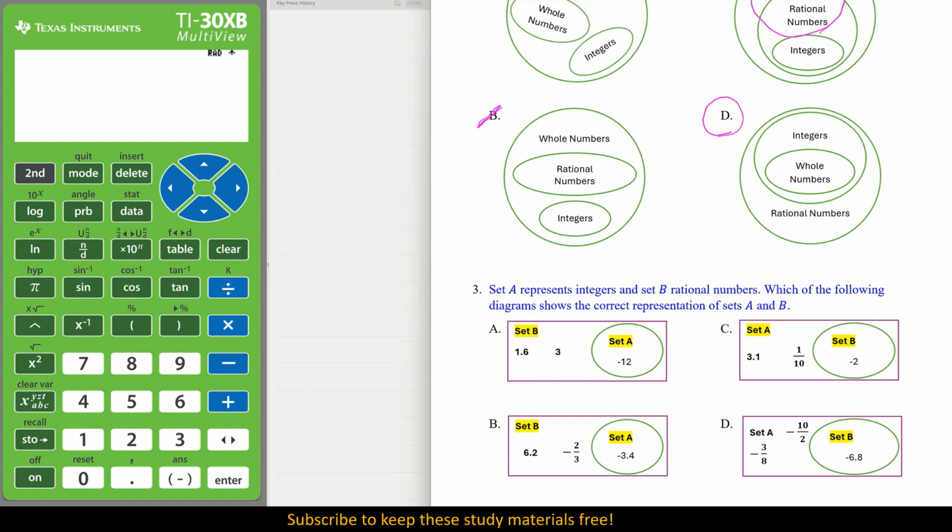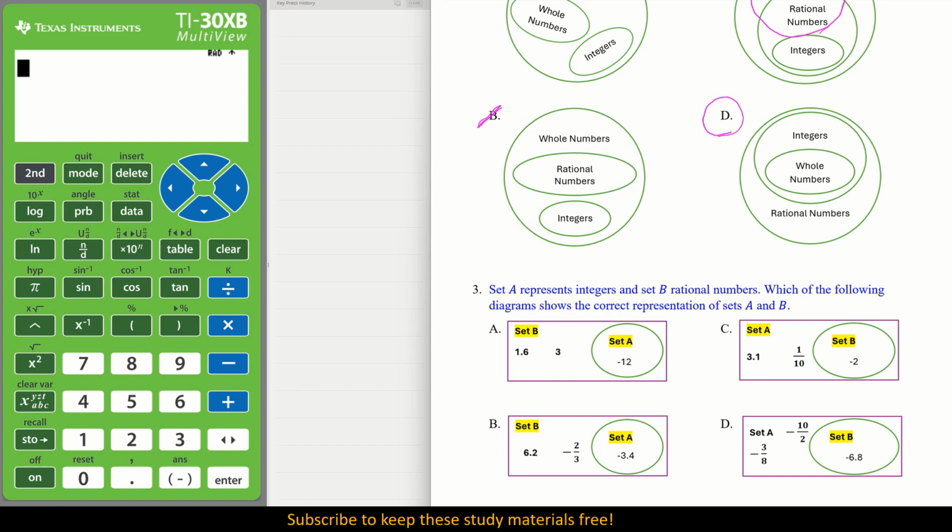Let A represent integers, and set B represent rational numbers. Which of the following diagrams shows the correct representation of sets A and B? Well, first, we need to analyze here.